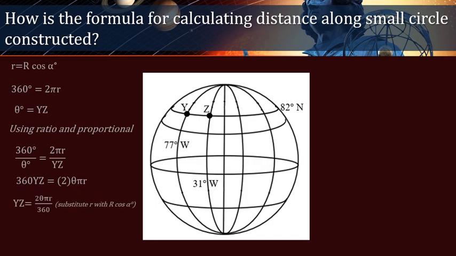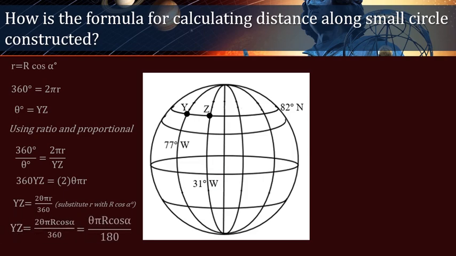Now remember, this r, we've already found a solution to it. We have to substitute. What is r? This r is the radius of a small circle. How is it found? It will be r is equal to capital R cos alpha. We found it just in this same lesson. So finally, the answer will be like this, or the formula will be constructed like this, where yz is equal to 2 theta pi R cos alpha over 360.